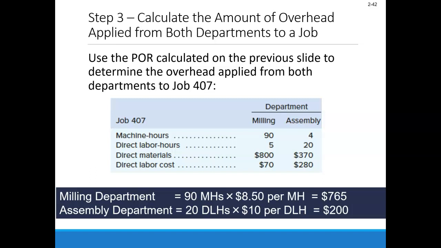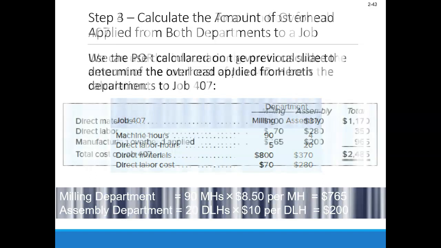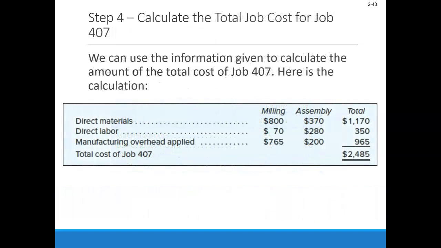And then in this assembly department, we actually use 20 direct labor hours times our overhead rate of 10. So the 200 plus the 765 gives us the $965 that's being applied to this job. Does this make sense, guys? Emily, you're shaking your head?